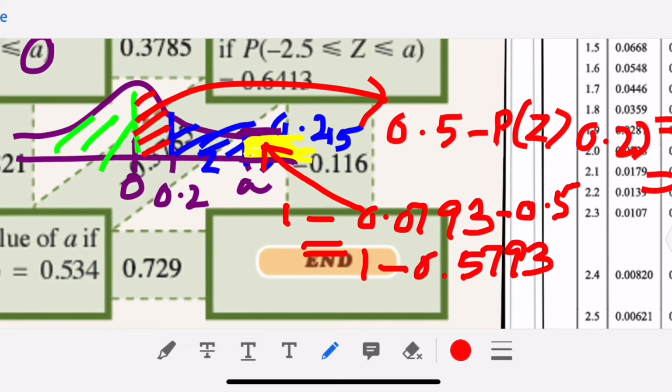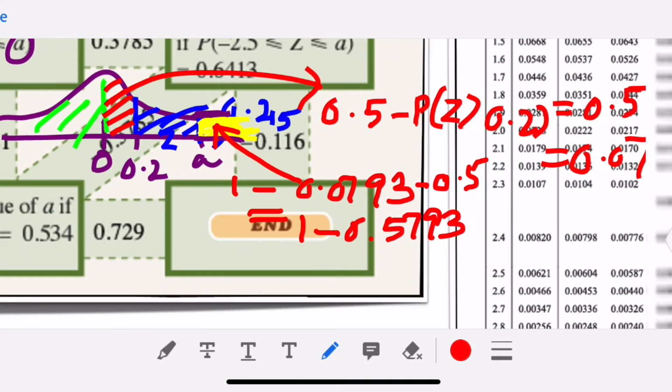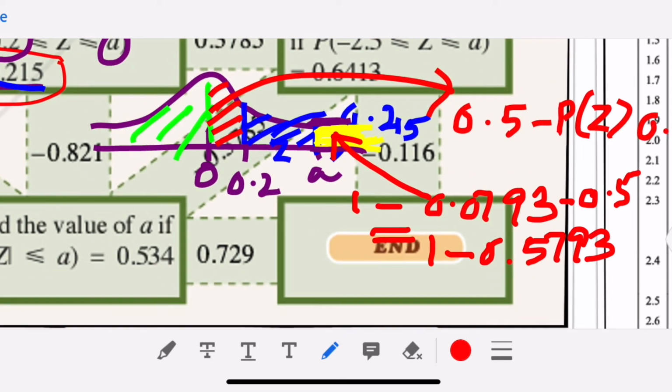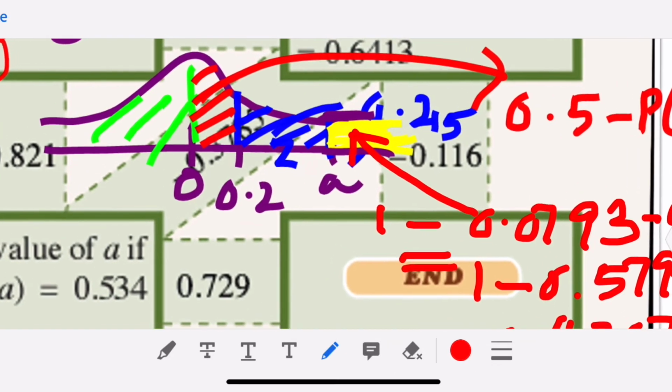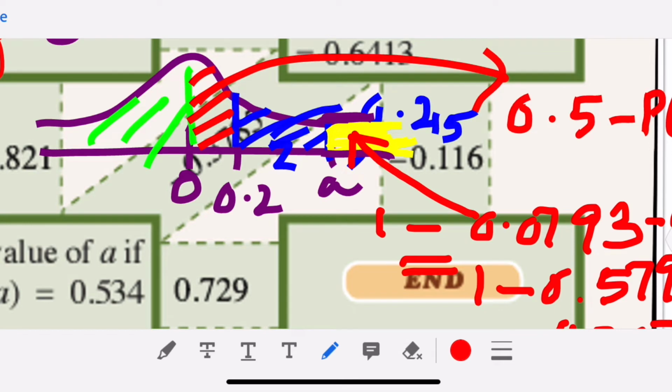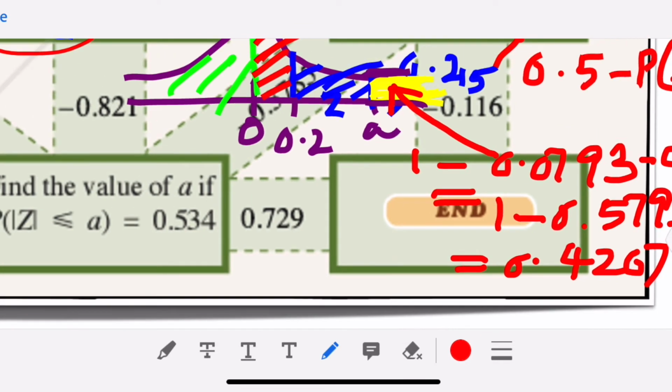Okay, all right, so we will have the area which is 0.4207, but from 0.4207 we have to minus out the... okay, it consists of the yellow and the blue, right, until here.